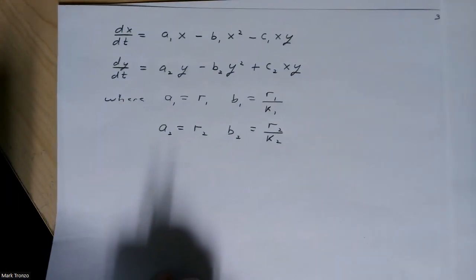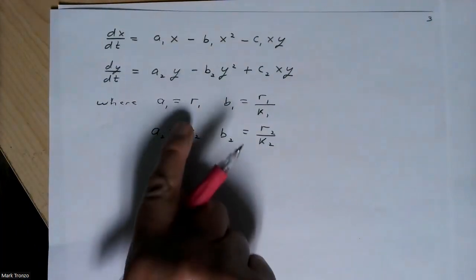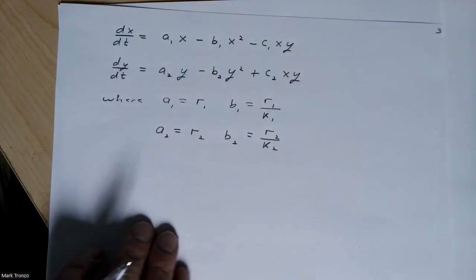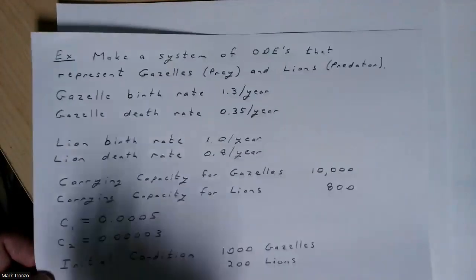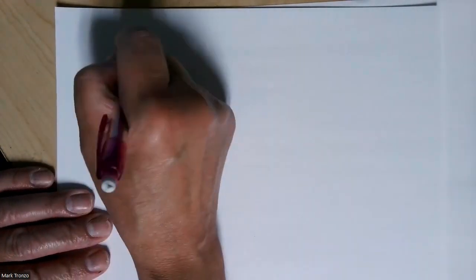So again, we're using this system of differential equations here. Now we're going to need our net birth rate. In our case, that's going to be this 1.3 minus 0.35 for the gazelles. So remember, that's a net birth rate.